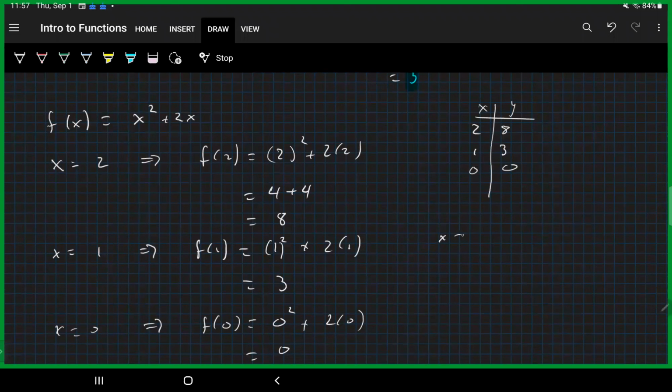Let's do x is -1. F of -1 is -1 squared plus 2 times -1. That's going to be -1 squared is a positive 1 minus 2. So 1 minus 2, that's -1.